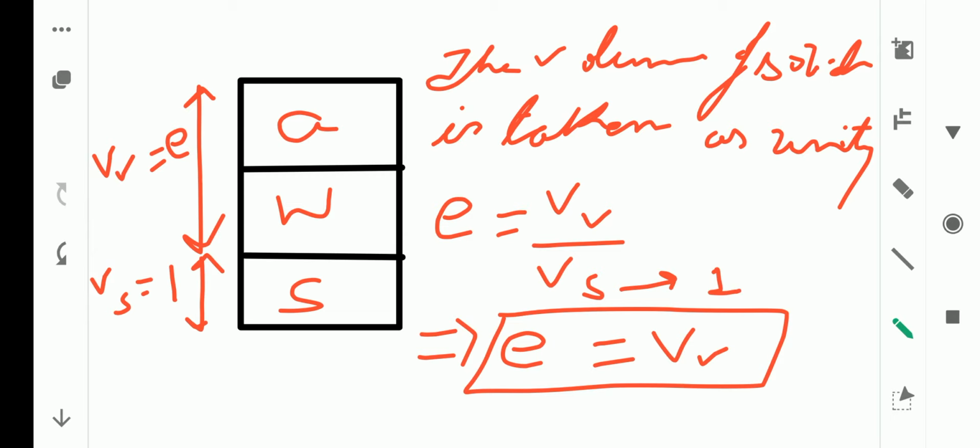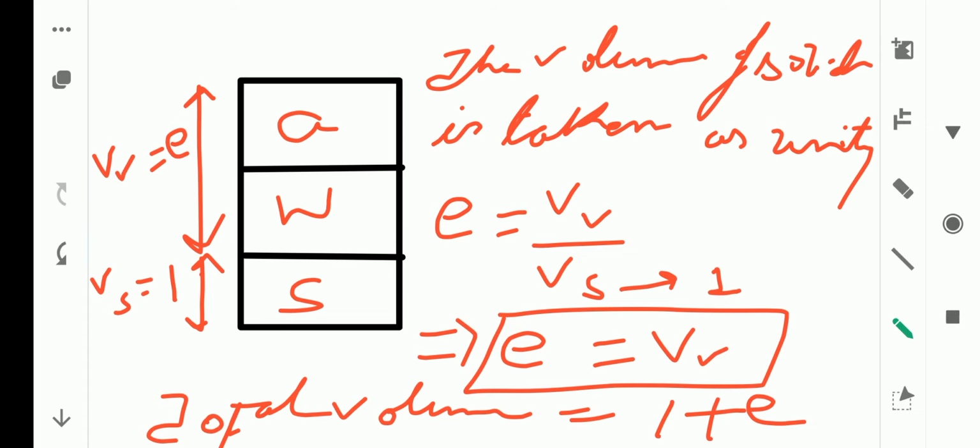Now can you tell me what will be the total volume? Total volume is volume of solids plus volume of voids, so it will be equal to 1 plus e.